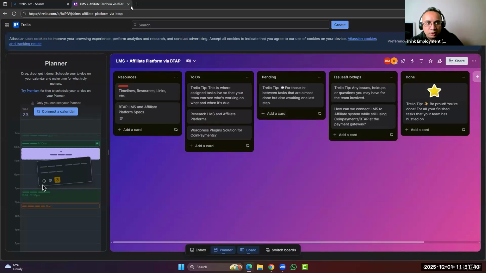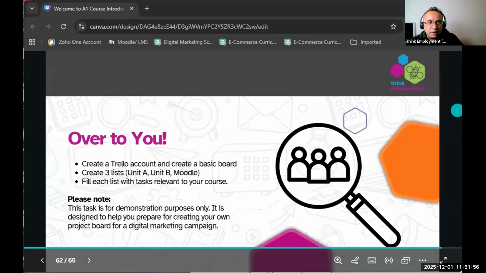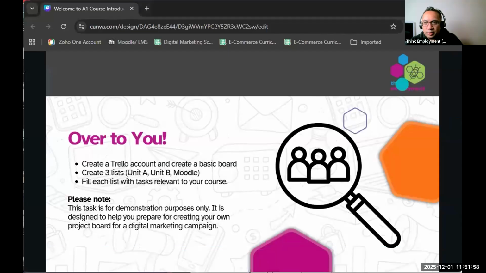Right. So for now, have an account open, and when you can, play around with Trello and see if you can apply some of what you picked up in this session on the software.